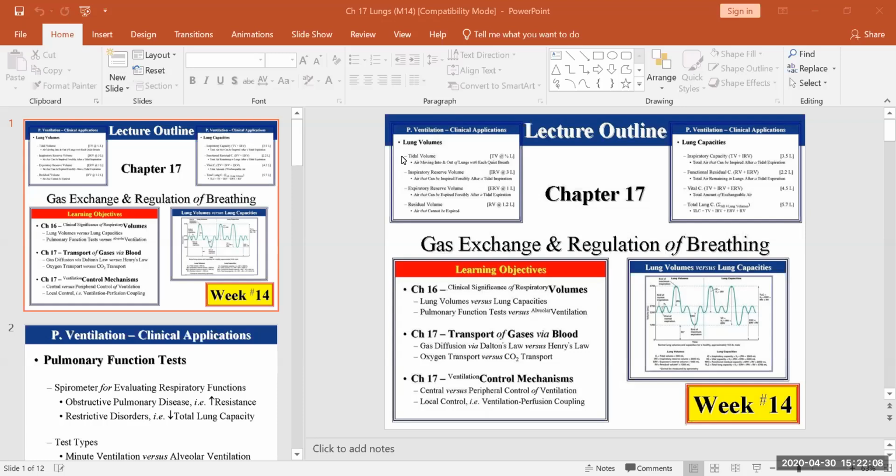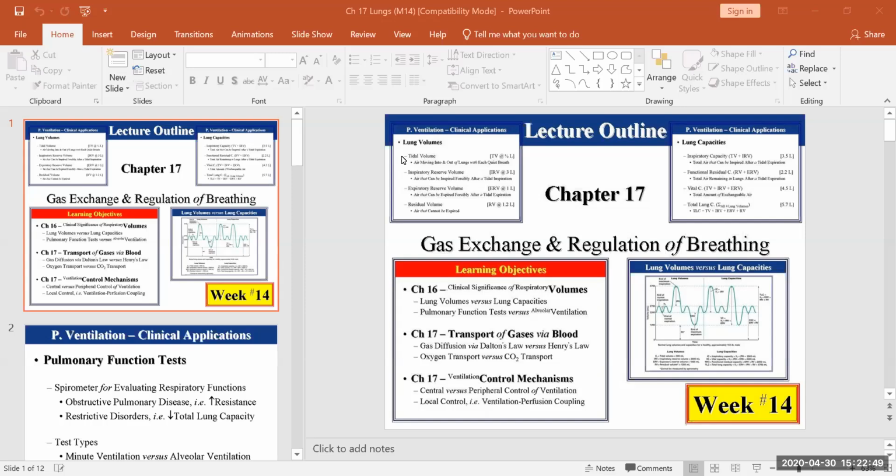Okay. The next one is called inspiratory reserve volume, IRV. This inspiratory reserve volume is the amount of air that you can forcefully breathe in right after that tidal volume. So when you breathe in normally, at the end of that inspiration at rest, you forcefully inhale more air into your lungs. We call that inspiratory reserve volume.